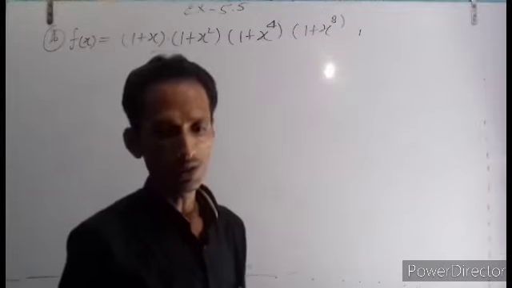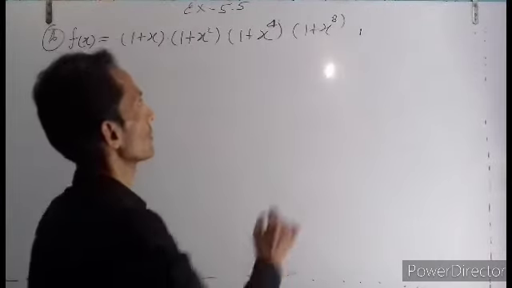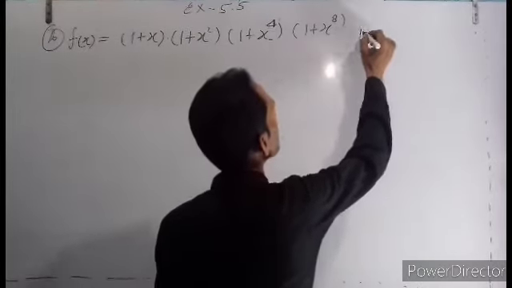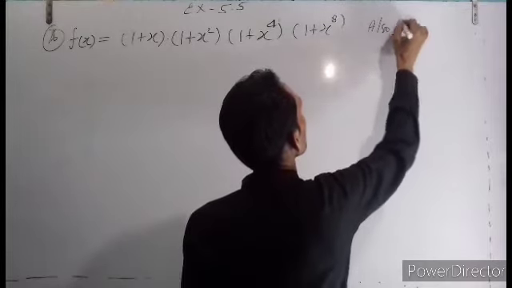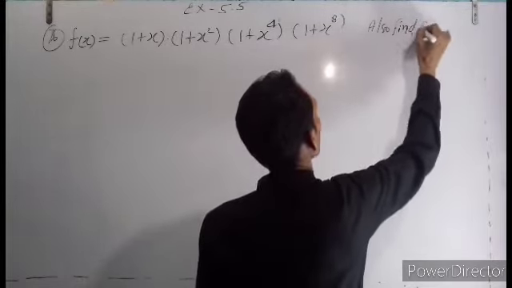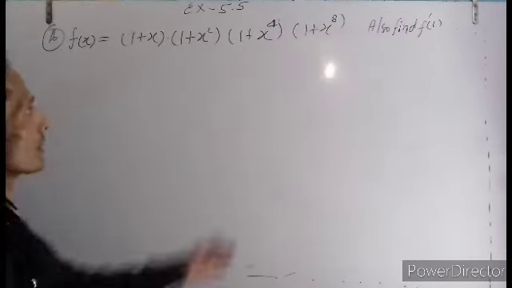Find the derivative of the function given by f(x), and hence find f dash. Also find f dash 1.